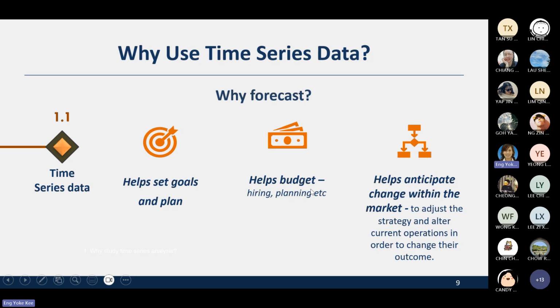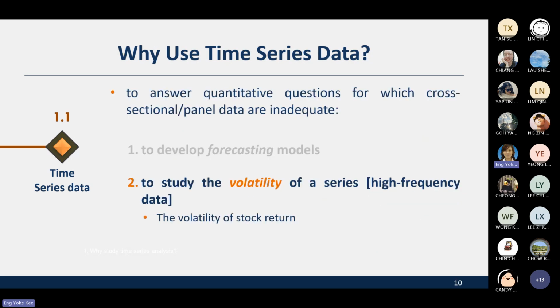Every year the government also wants to do a budget because they want to plan ahead and anticipate changes within the market. Companies also want to do forecasting. Every year the World Bank or IMF produce a GDP forecast, or the Ministry of Finance will also do a forecast because they want to plan in anticipation. So that is the first one.